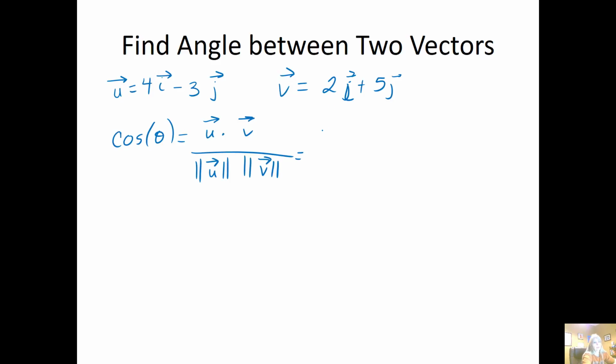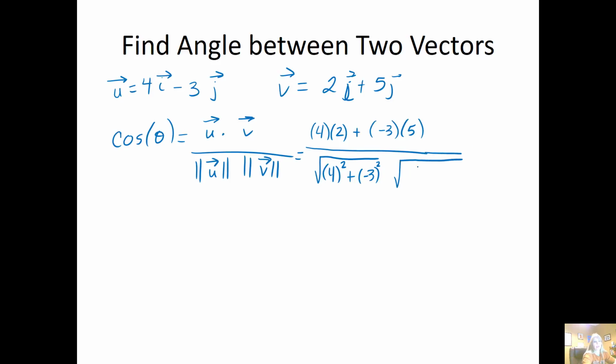Up top, my dot product is 4 times 2 plus negative 3 times 5, and on the bottom, the square root of 4 squared plus negative 3 squared, multiplied by the square root of 2 squared plus 5 squared.